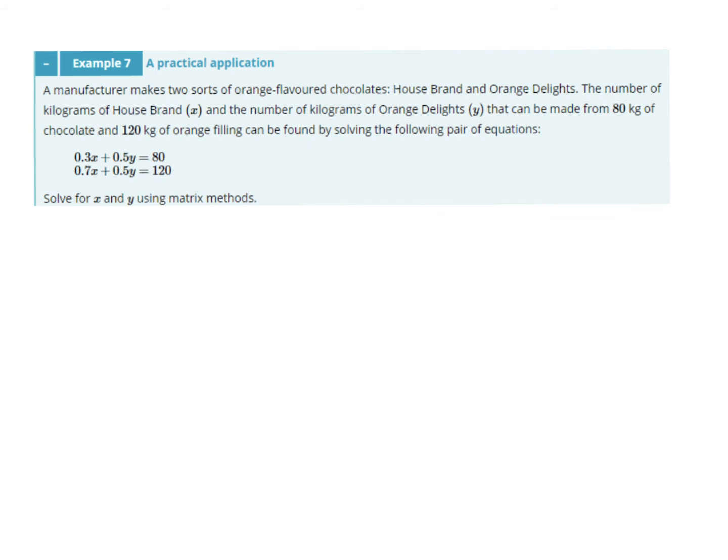So there's a lot of blurb, and to make it a bit more of a summary, they're just saying X equals number of kilos of Orange Delight, and Y equals number of kilos of chocolate, yeah?